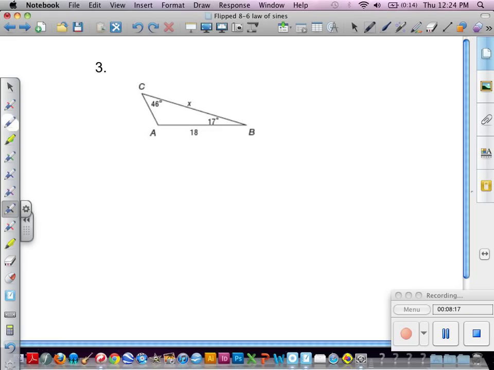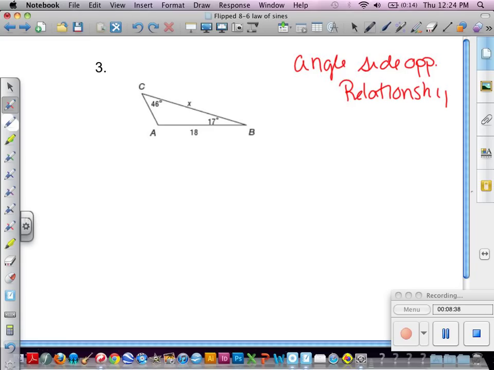Number 3. Okay, well, the only thing I know right now, this is not a right triangle, so I'm going to have to use the law of sines. And remember, I need an angle and a side opposite relationship if I want to use the law of sines.